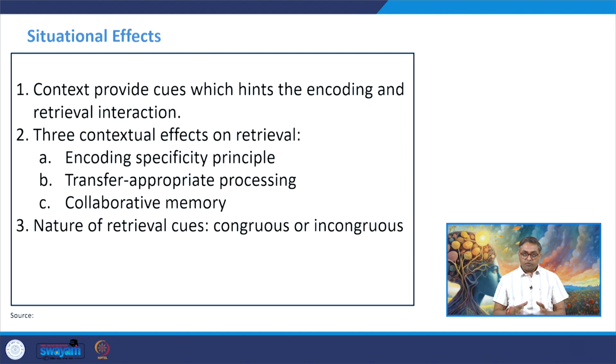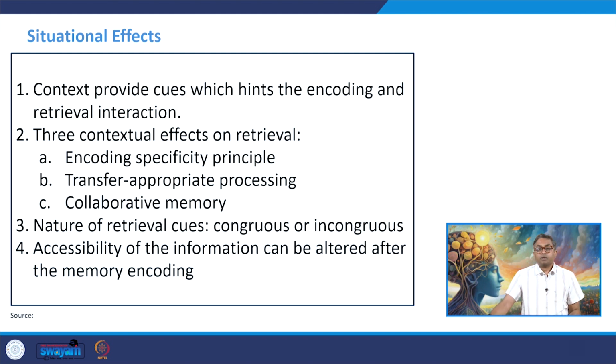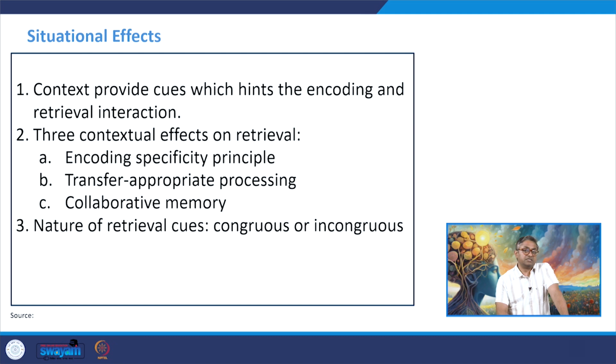Now the nature of retrieval cues can be congruous and incongruous. In the case of congruous, when the retrieval cues are congruous in nature, people can retrieve better. When there is incongruency, individuals are always going to take some time because of disparity between the two processes.